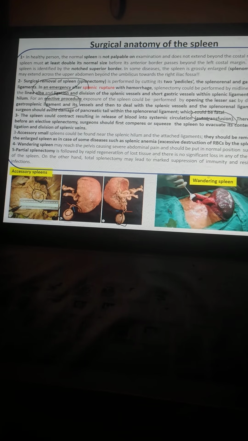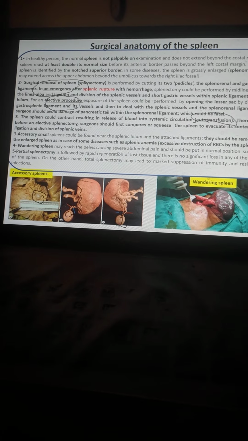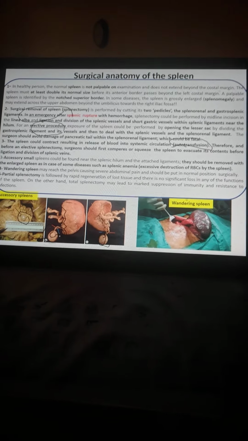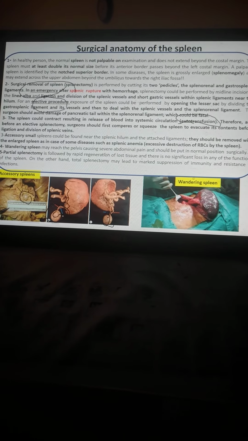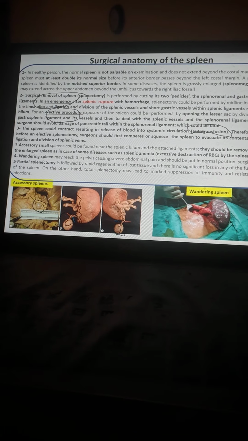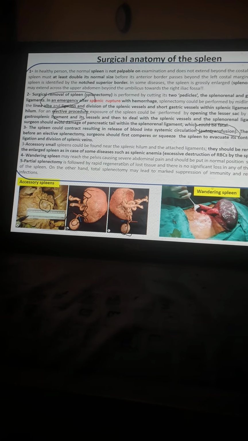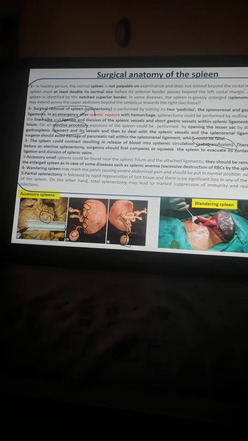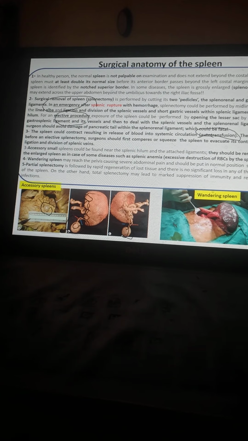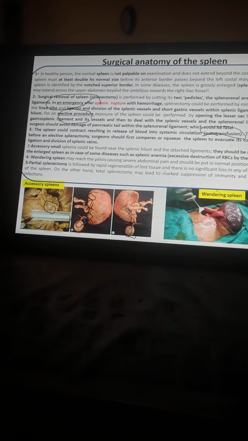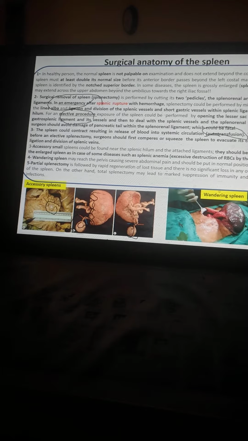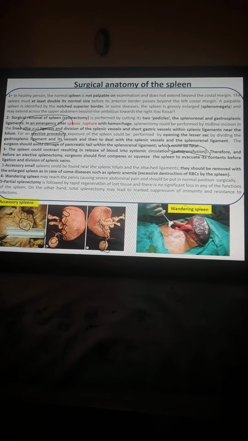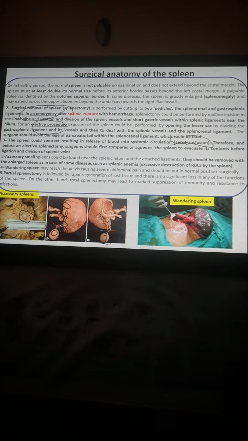That's why, if I ask you why the upper border of the spleen is notched, this is because the spleen developed from mesoderm during intrauterine life, like balls, and at the site of fusion there are notches. If there is failure of this fusion, there will be accessory spleens like this one. It could be 1 or 2 or 3, and usually it's found at the splenic hilum or at areas like the gastrosplenic ligament or lienorenal ligament.